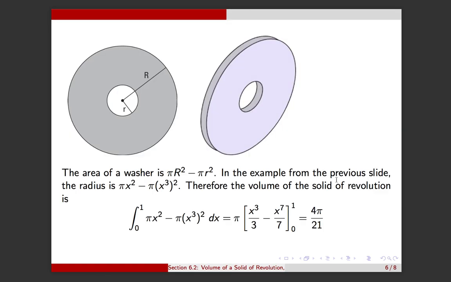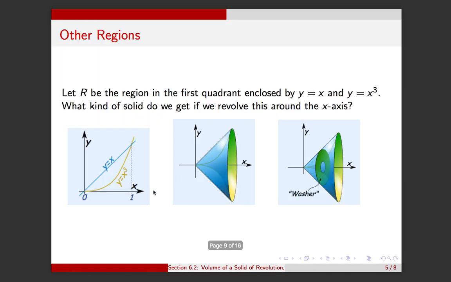Okay, so in the example from this previous slide, sorry, this should say area, right? The area is pi outer radius squared minus pi inner radius squared. So here, if you're going from the x-axis all the way to the edge of the object, you're going from the x-axis to y equals x.